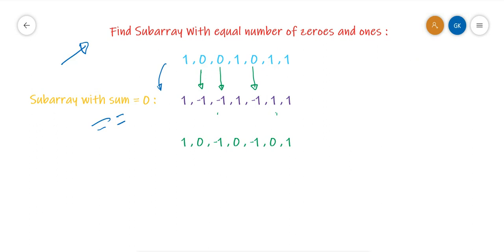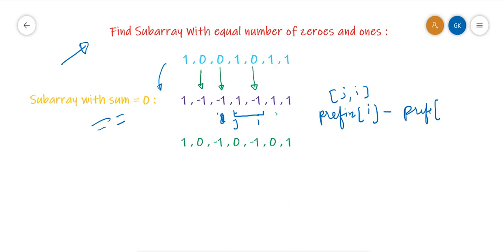To calculate the subarray sum, we will maintain a prefix sum. To calculate the subarray sum from j to I, we do prefix of I minus prefix of j minus 1.